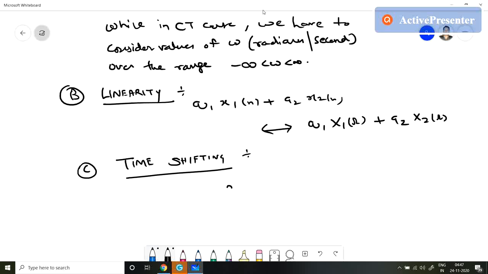So according to this property, x of n minus n naught, if we find out the Fourier transform, it is equal to e raised to the power minus j omega n naught into X(omega). Then we have frequency shifting property.